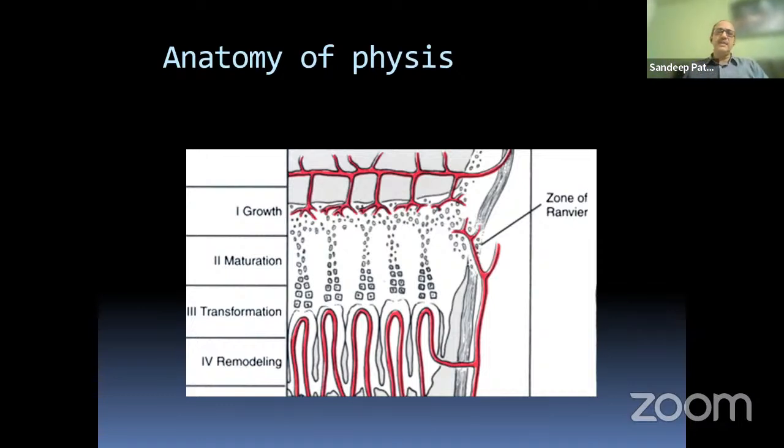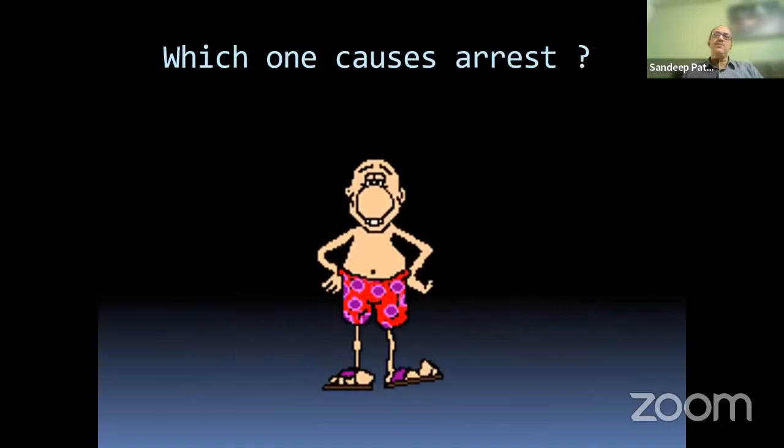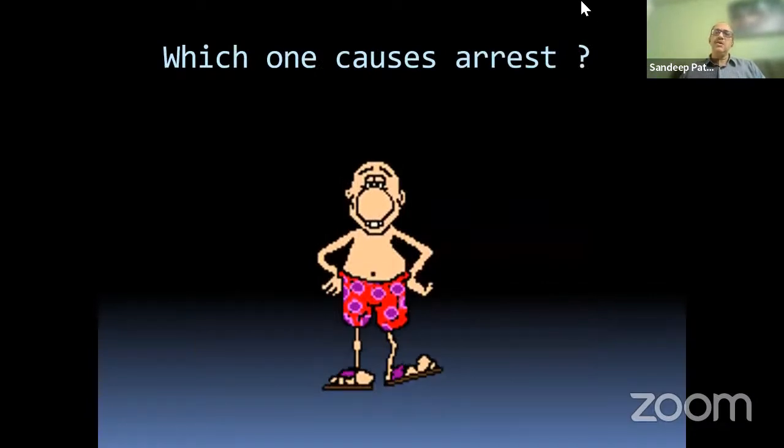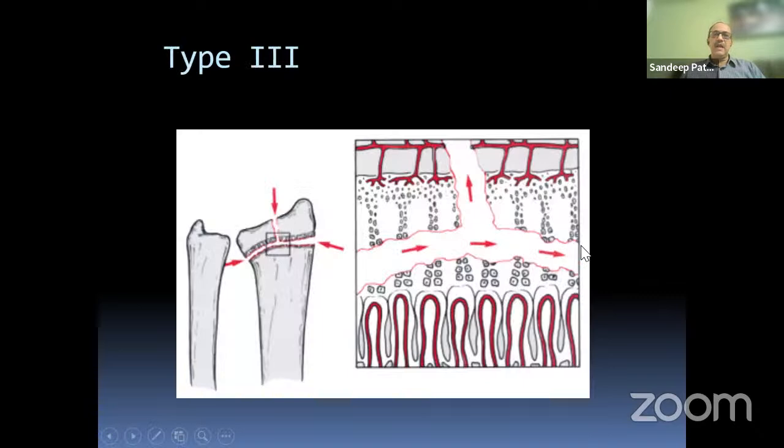So which of these are going to cause growth arrest? First thing you need to know is which of these cause growth arrest. I told you which injuries cause growth arrest. Type 3 goes through resting cartilage, epiphyseal blood supply, and the ossifying cartilage. It's also intra-articular and transphyseal. This can cause growth arrest.